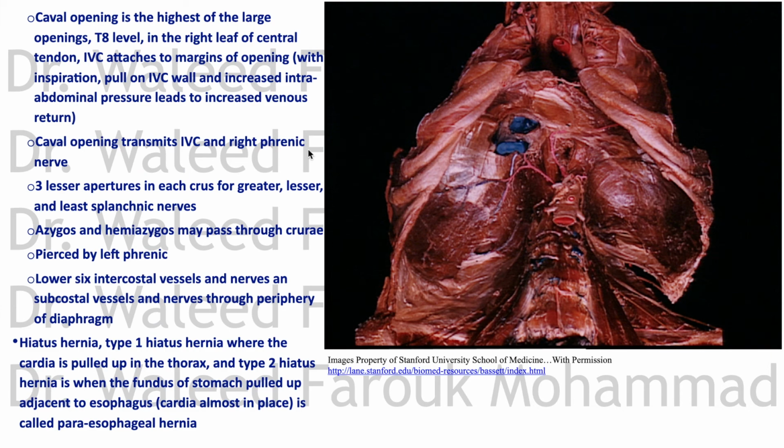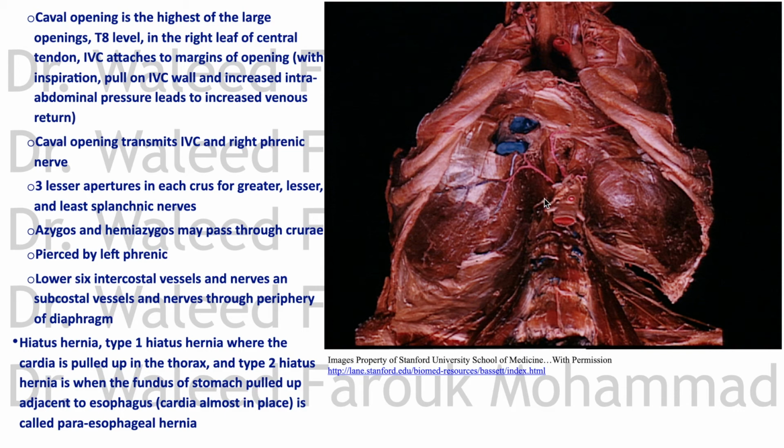Now, what else? Yes, a hint about what's called the hiatus hernia. It manifests when the esophagus is taken up to the thoracic cavity, or the fundus of the stomach is taken up to the thoracic cavity. It manifests itself by severe heartburn, by lying down or when eating.